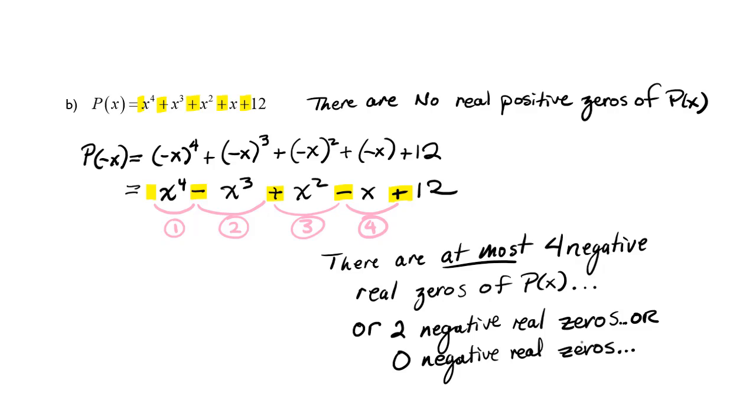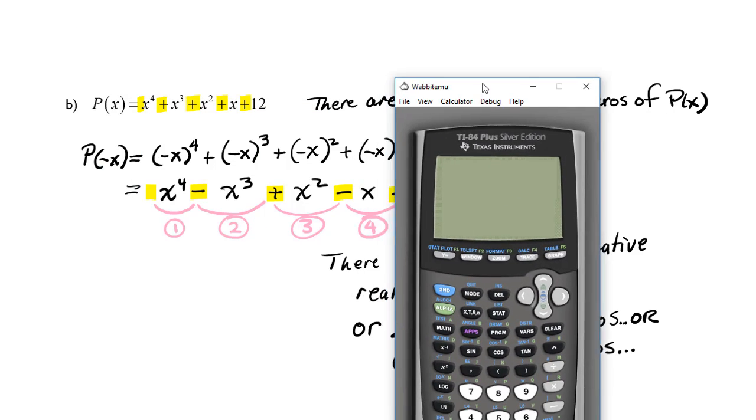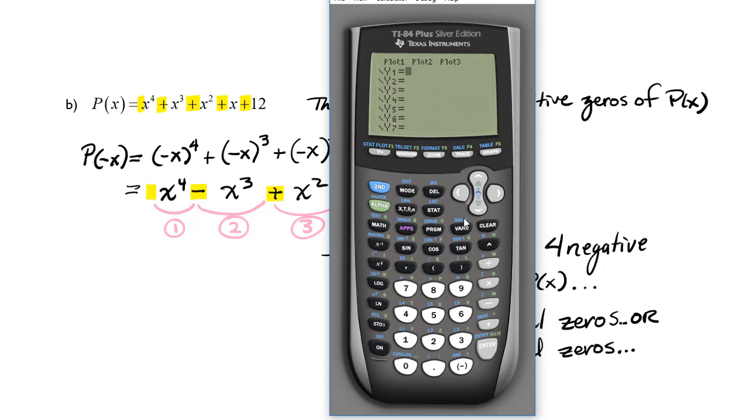Now you can stop this video now if you kind of get the idea, but I'm just curious. I want to graph this and I want to see how many real zeros there actually are. So I'm going to grab my calculator and I'm going to type this in because I'm curious and I want to see what's going on. x to the 4th plus x to the 3rd plus x squared plus x plus 12.